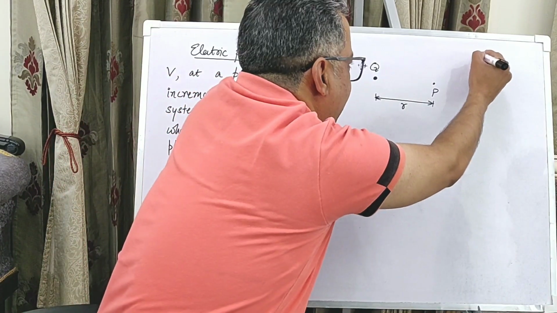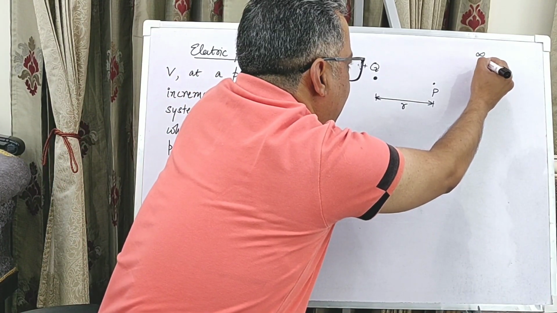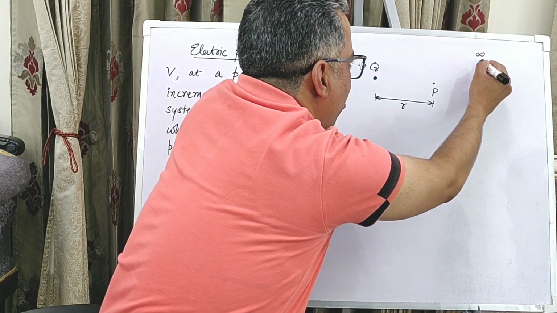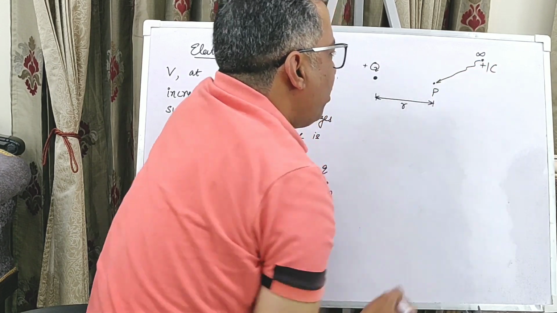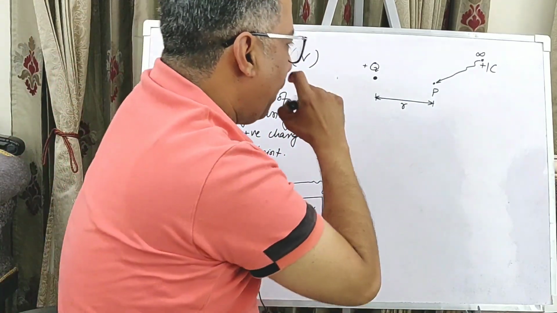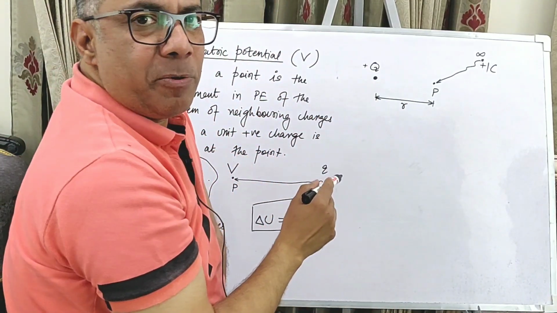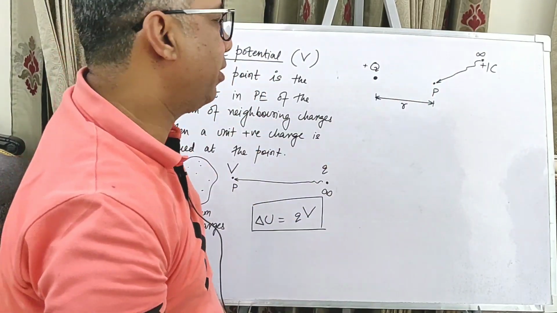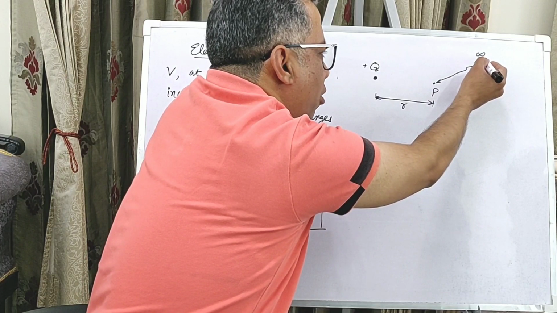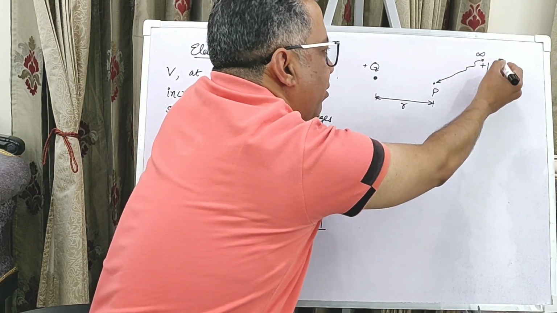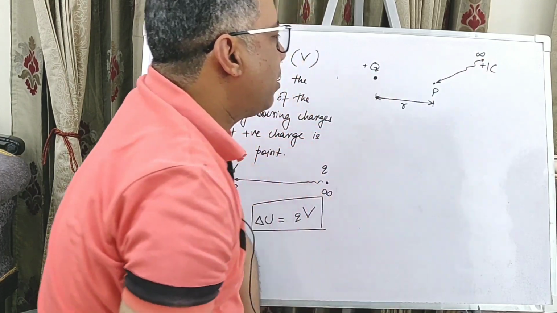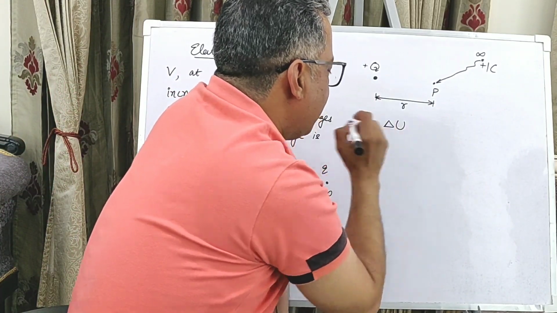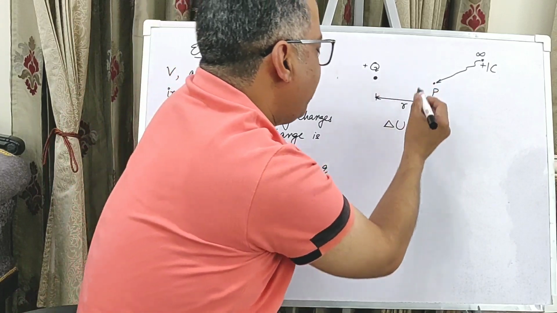Now we go to infinity, bring a plus 1 coulomb charge from infinity to this point, and then calculate the change in potential energy of the system, and that will be the potential of this system. So I've gone to infinity, taken a plus 1 coulomb charge, brought it to point P. Now I calculate the change in potential energy of this system.